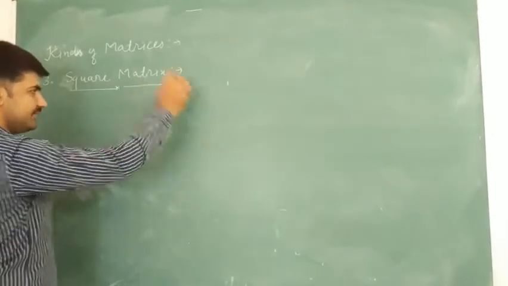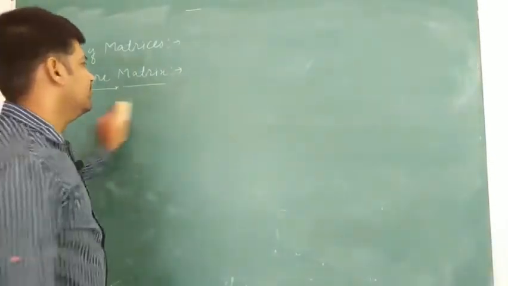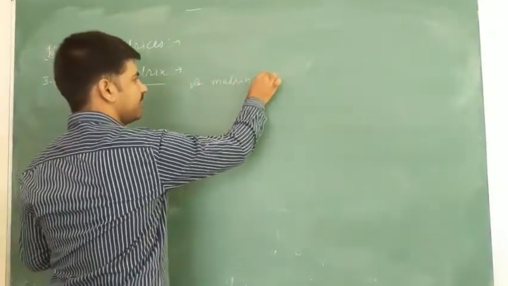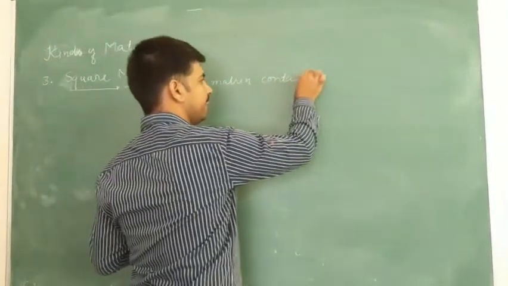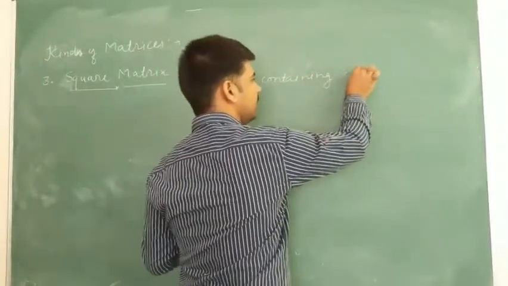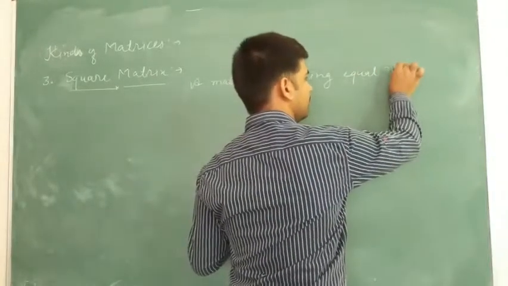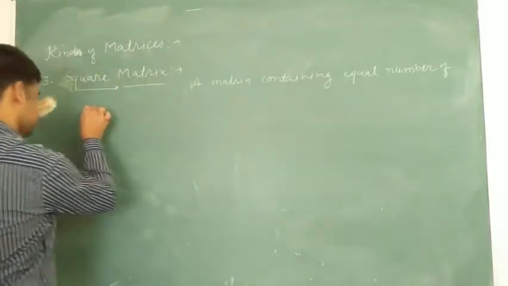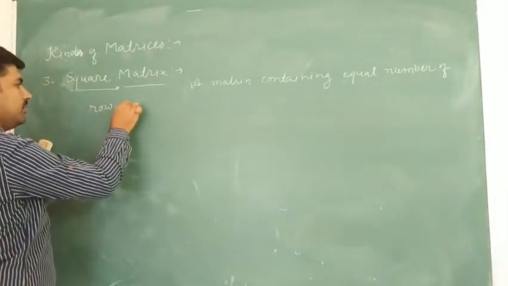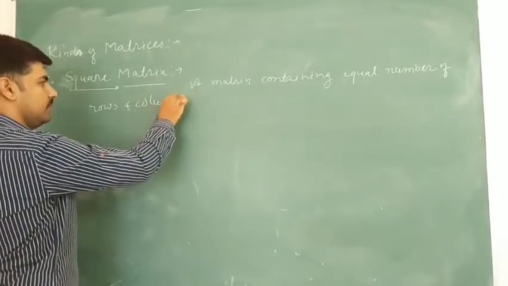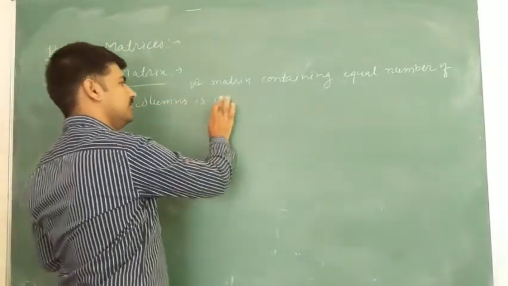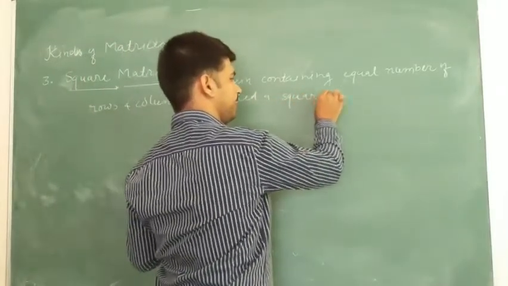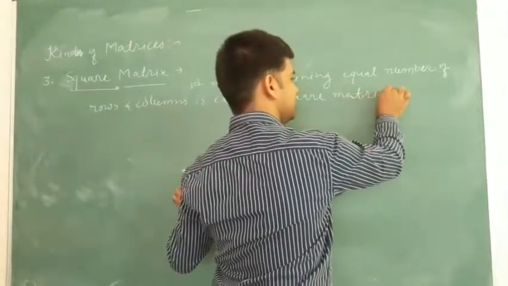In simple words, if we have to define it, students, then you can say a matrix containing an equal number of rows and columns is called a square matrix. So what is the condition for a square matrix?